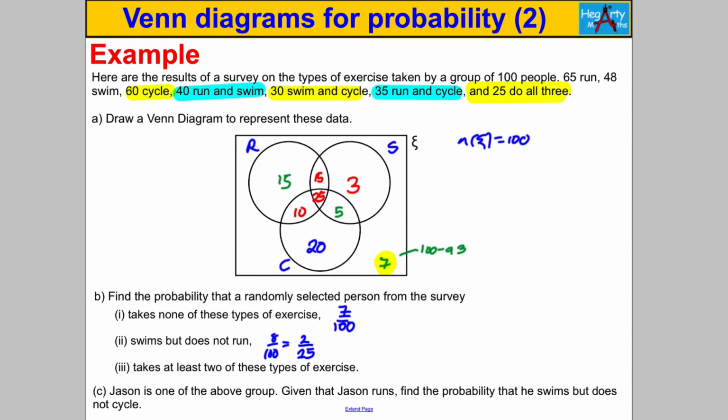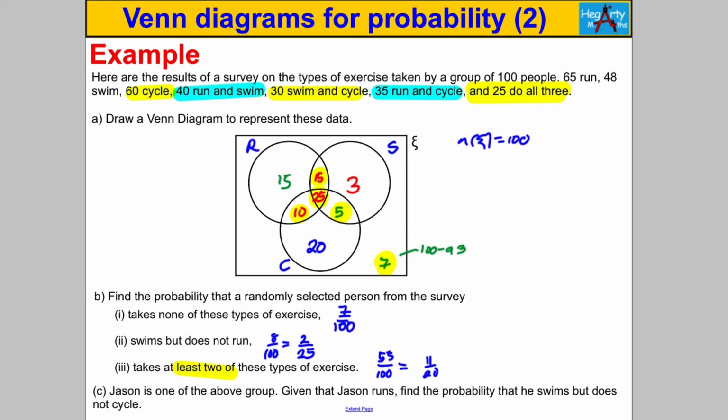So let's colour those in. At least 2 means you take 2 exercises or 3. So it's these people, these people, these people, the people who take 2 exercises, and these people. So if we add those up, we get ourselves 55. So we do 55 out of 100. And again, we can divide top and bottom by 5. We will get ourselves 11 out of 20.